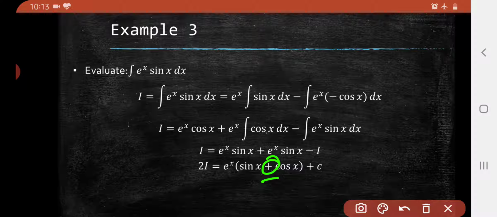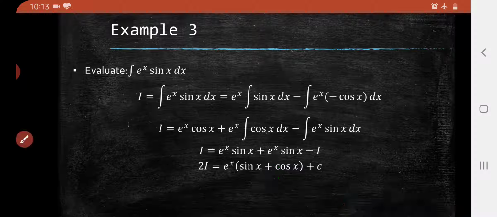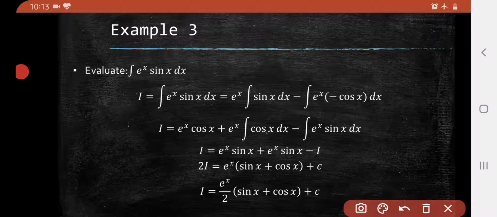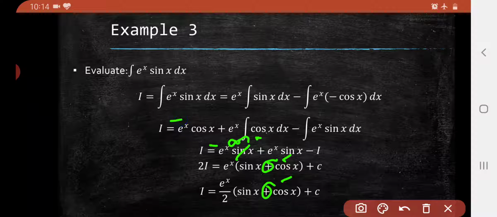Anyway, now take this 2 on the other side, so therefore your final answer is I, that is the integration, equals e to the power x by 2 into sin x minus cos x. So there is a minus here, here this should be cos x, and there is a minus here also. So please ensure there are certain sign mistakes which I have made, that is a completely typing mistake.